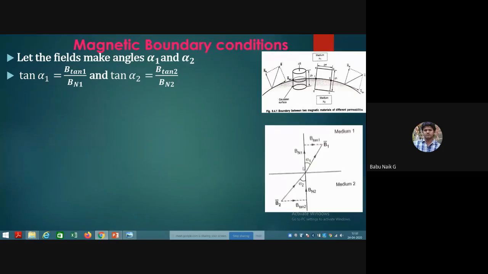We know that perpendicular to the boundary condition is Bn1, and tangential to the boundary condition is B tangential 1. The angle between these two is alpha 1.